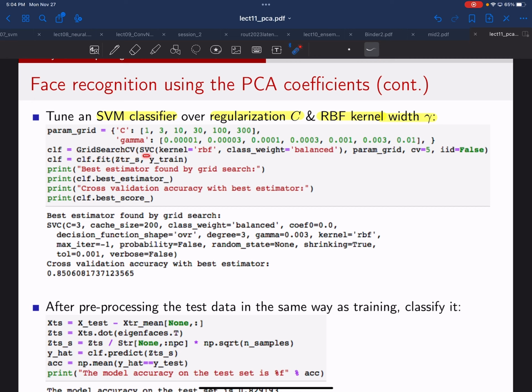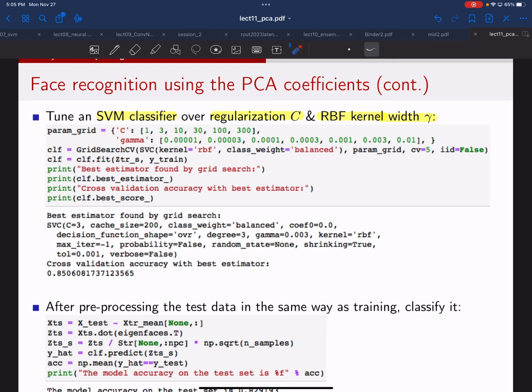We tell it this is the SVC classifier we're going to use. For the parameter grid, we made a grid with 6 values of C and looks like 7 values of gamma. Both of them are logarithmically spaced. And for cross-validation, we'll do 5-fold CV. And that's it. We just do clf.fit. We let this run for a while.